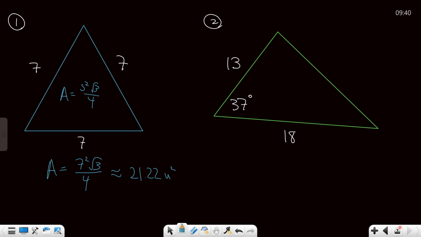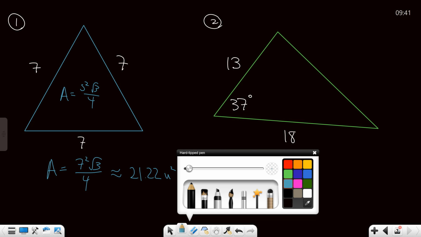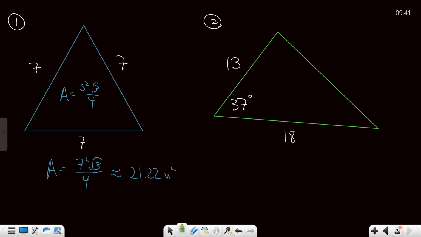Any questions for Rebecca? Beautiful. Scott, what do you got for number 2? 70.41 units squared. Can somebody confirm? Yes? Okay. How'd you do it, Scott? I did 18 times... 70.41, you said?